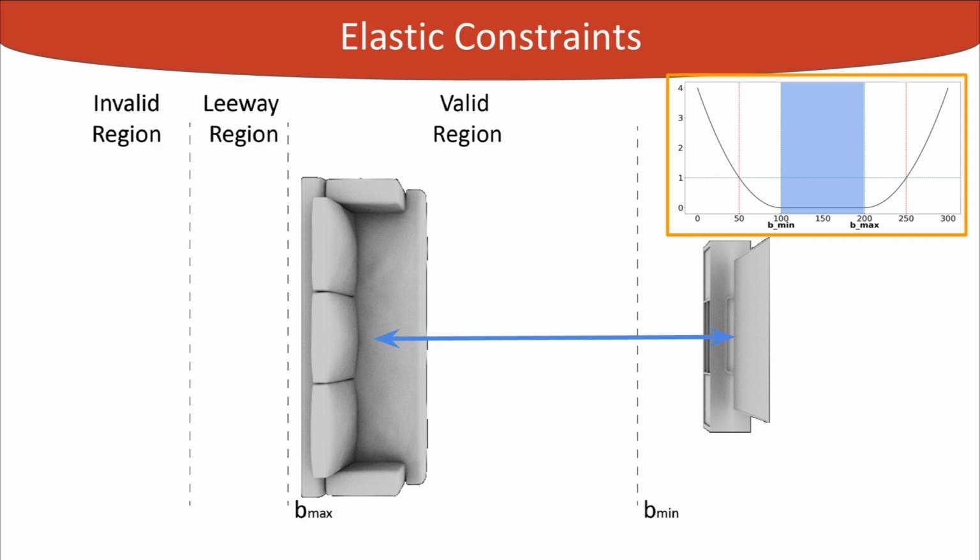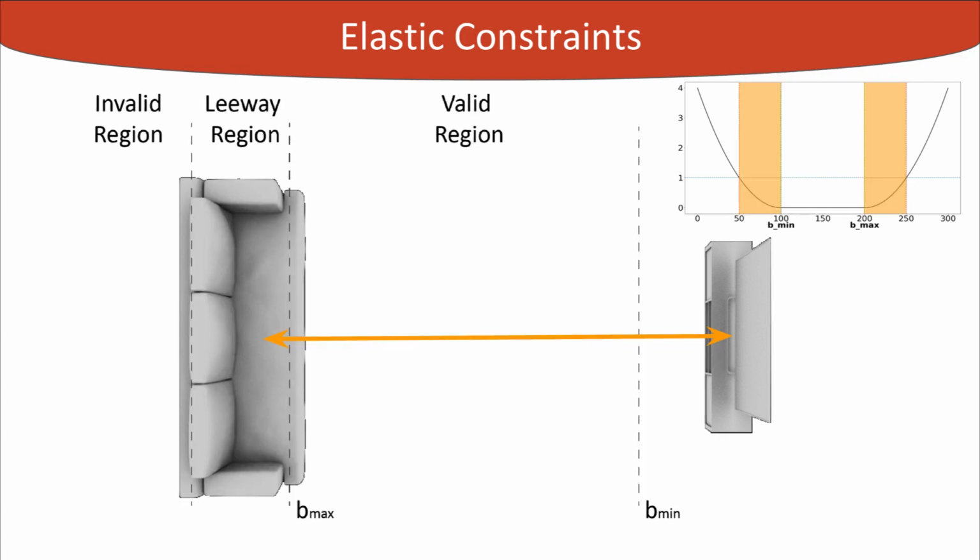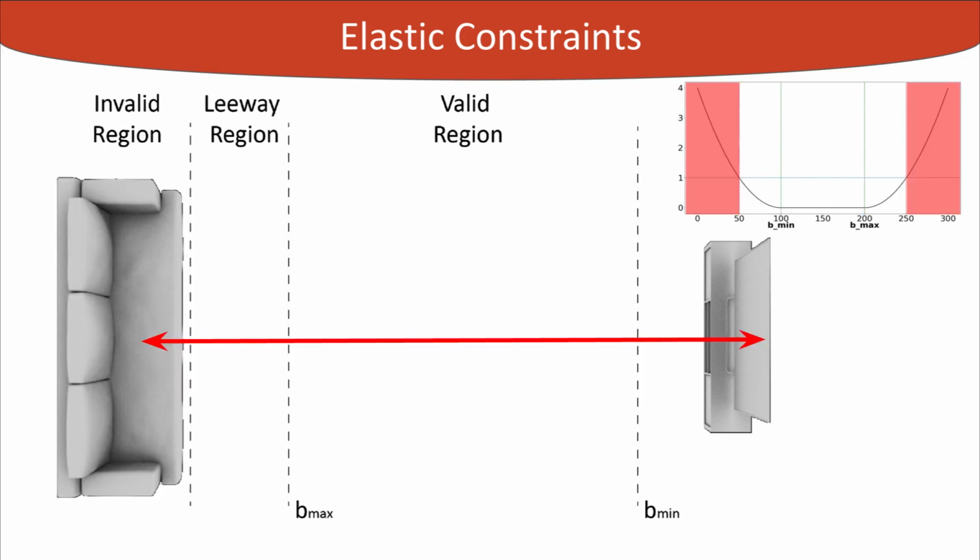This is a valid setup with zero cost, as the distance is between the bounds. This is a valid setup with added cost. This is an invalid setup that is rejected. Note that specifically for lighting constraints, there is no invalid region, since lighting goals could practically be unattainable under certain scenarios.